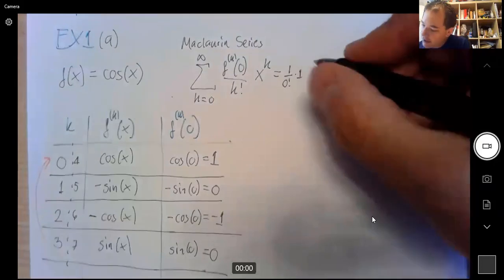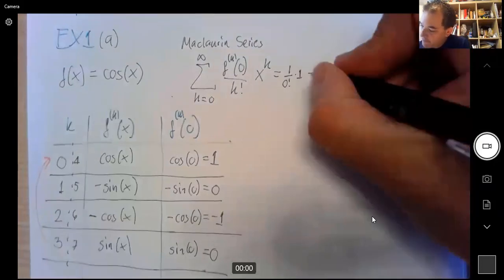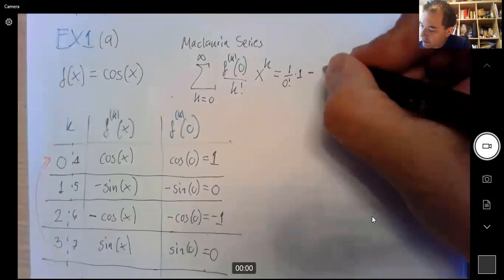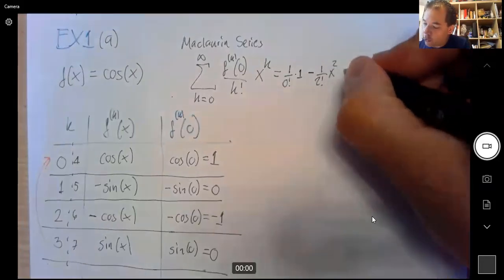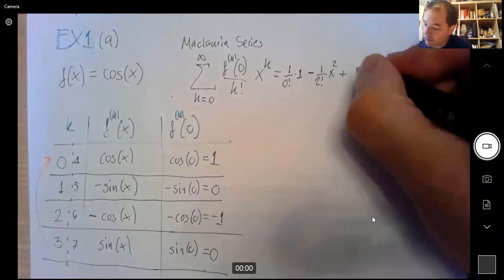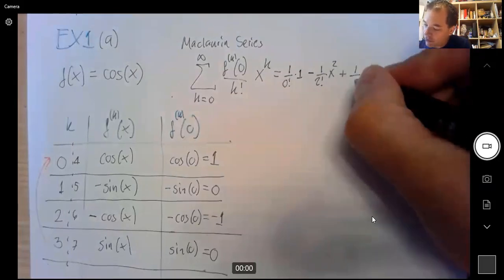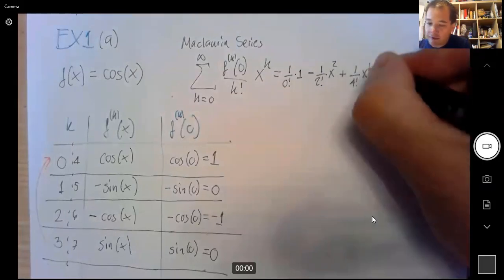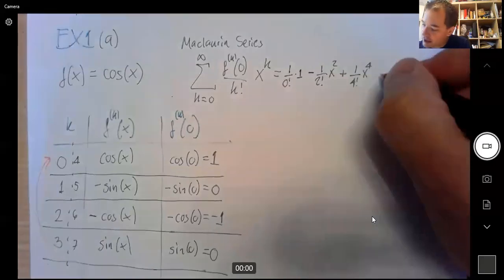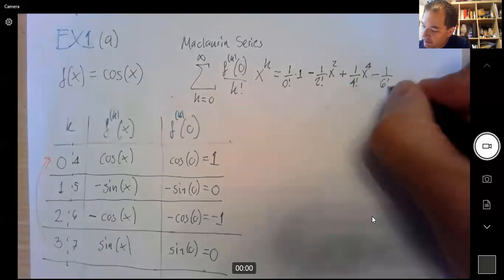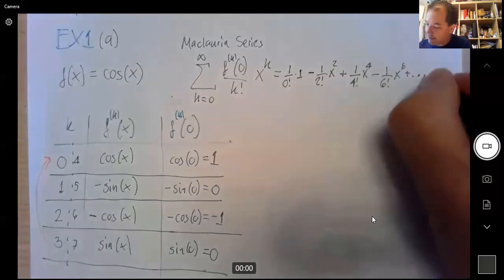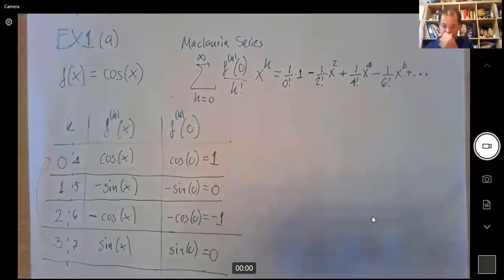Then the next one is negative 1, and now we're in the second derivative, so it is negative 1 divided by 2 factorial x squared. Then we go to the fourth, which is going to be positive 1, so it's 1 over 4 factorial x to the fourth. Then the fifth one is 0, so we go to the sixth. So it's minus 1 over 6 factorial x to the sixth. And it continues on like that. Is that clear?